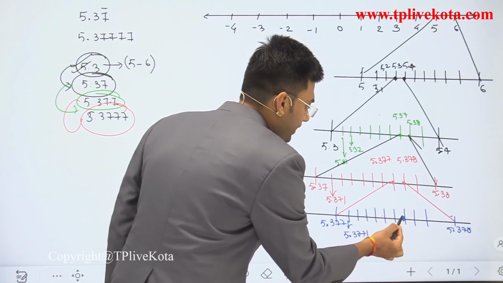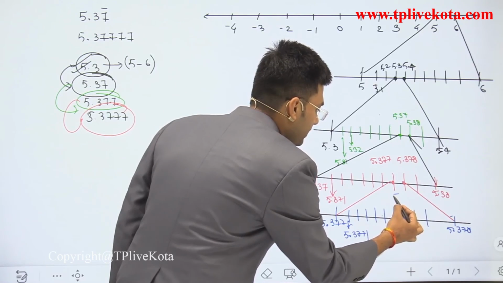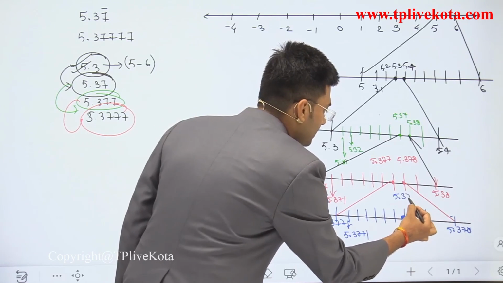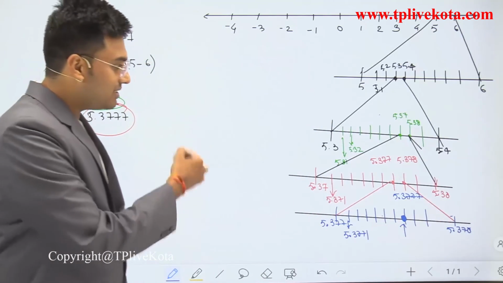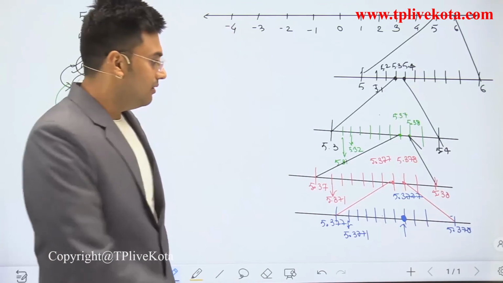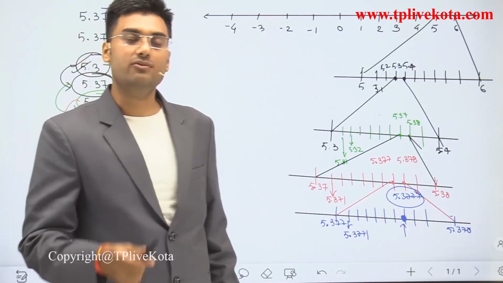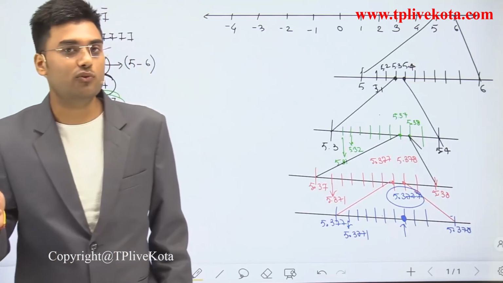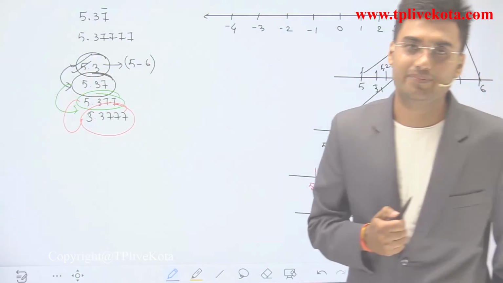So this point is 5.3777. So by using successive magnification, we visualize 5.3777, that is 5.37 bar up to 4 decimals.